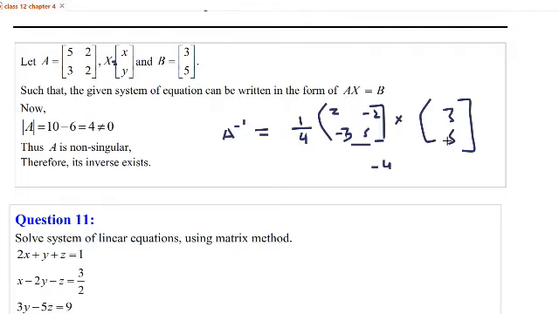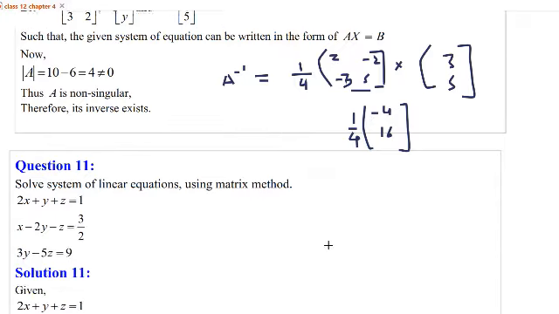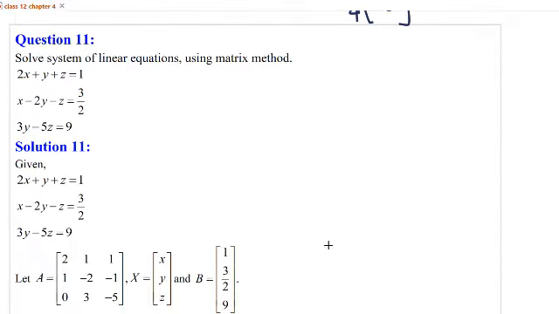Minus 9 plus 25, so 25 minus 9, how much is it? 16. Right? And outside there is 1 by 4. So after we send this 1 by 4 inside the matrix, by multiplying it with the 2 elements, I'll get minus 1 and 4. That is the value of x and y. Okay. Now question number 11.